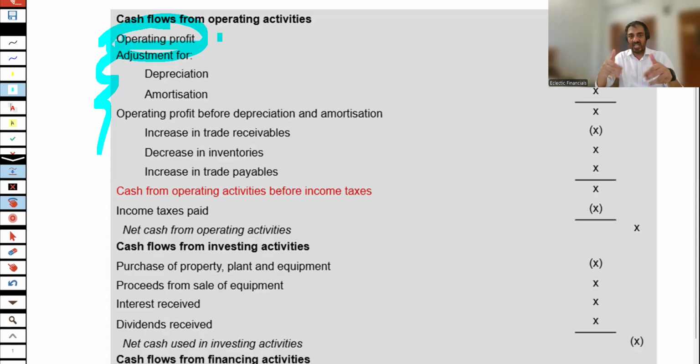Like depreciation, a non-cash item that needs to be withdrawn, right? For example, gain or loss on disposal of property used for admin purposes. Property for admin purposes, gain or loss on disposal, needs to be withdrawn.